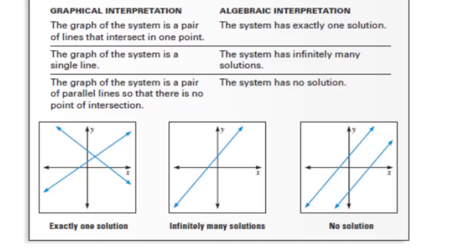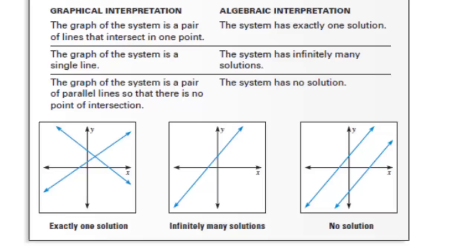And so if they are exactly the same line, then the points that they're sharing, or the points that make each one of them true, are all of the same points. And so there's an infinite number of solutions to this system of equations. And so we would call that infinitely many solutions.